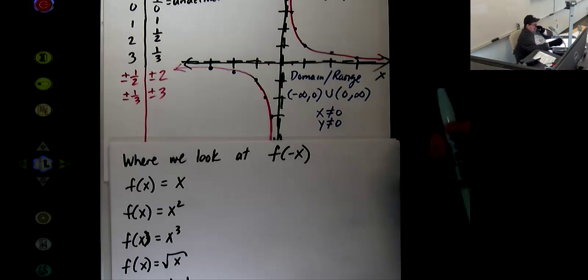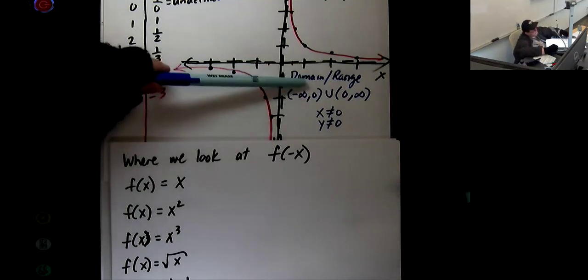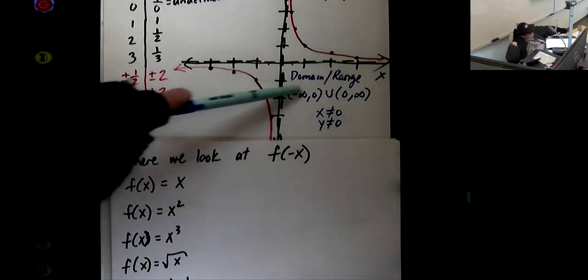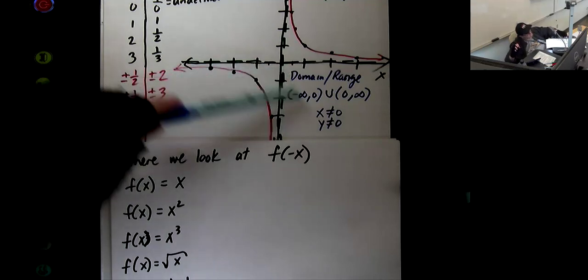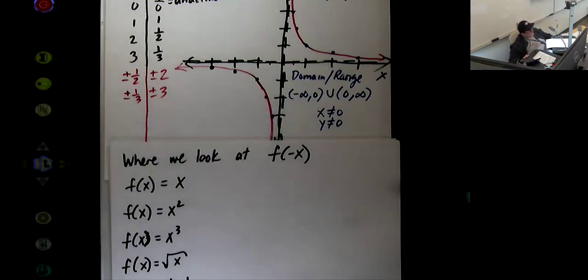The U is what's saying that. Having it go up to 0 and then doing union and starting at 0 again, because these are talking about the regions that numbers work. I go from negative infinity all the way up to 0, but I don't have a bracket, so I don't include 0. So I can go like negative 0.000001. I can't go 0, but then I can go positive 0.000001. So everything up to it, but not including 0.